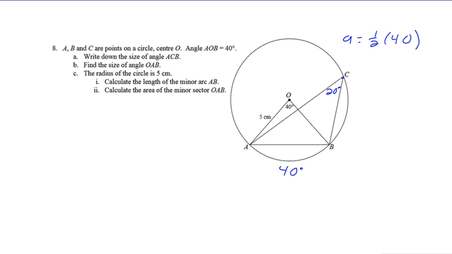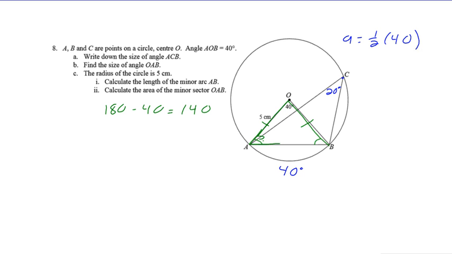The size of angle OAB, this angle here, we need to keep in mind that because these two are radii, we have an isosceles triangle. So these angles are the same and add up to 140 degrees.